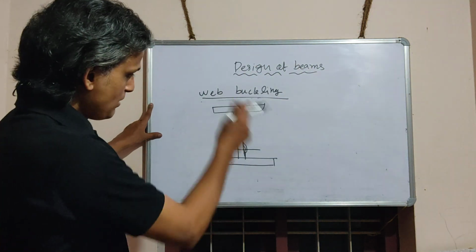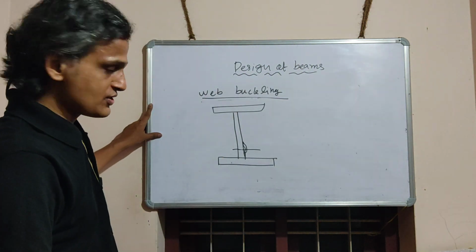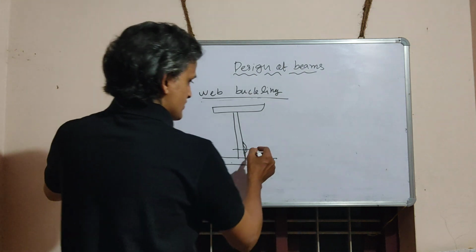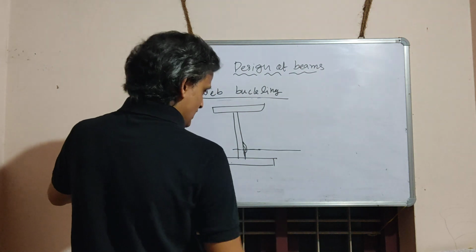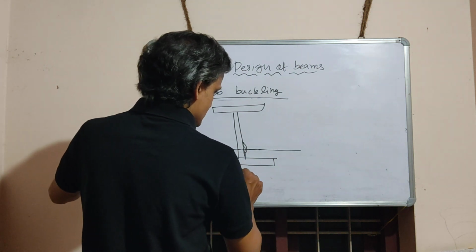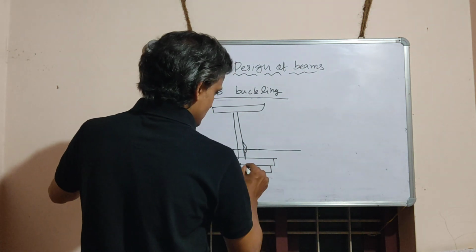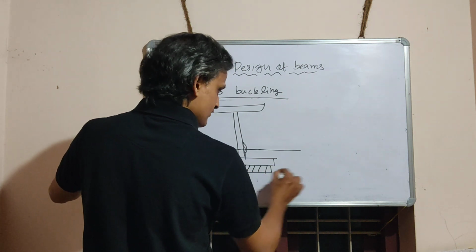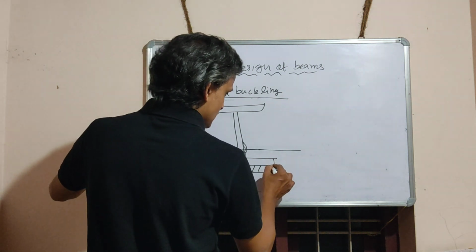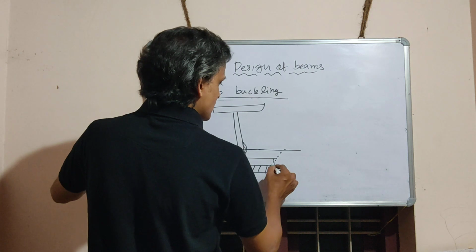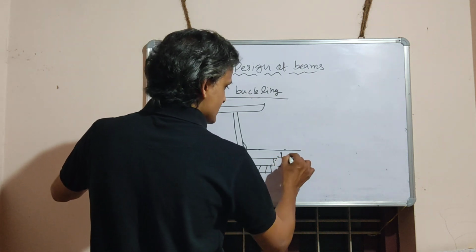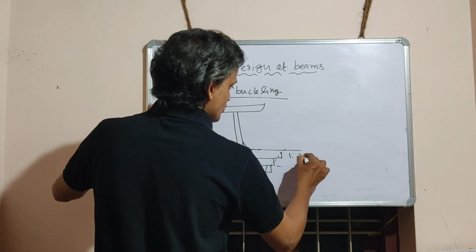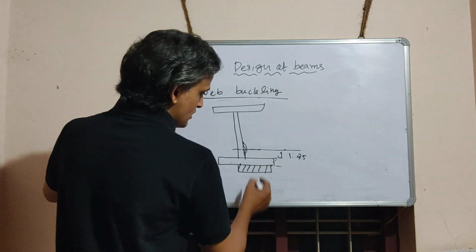A total buckling of the web is not occurring in this case. Here, as we saw in the previous case, there is a bearing plate having some dimension. Then the load is getting dispersed. Now, in this case, this ratio is taken as 1:2.5.